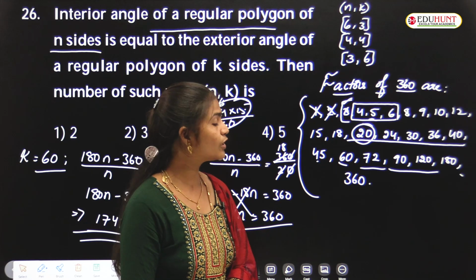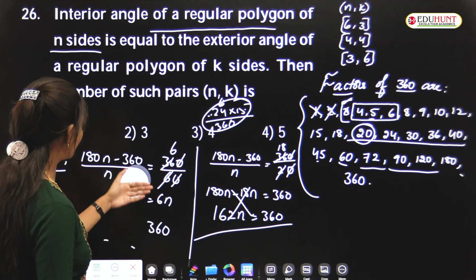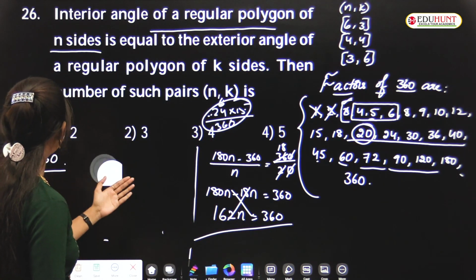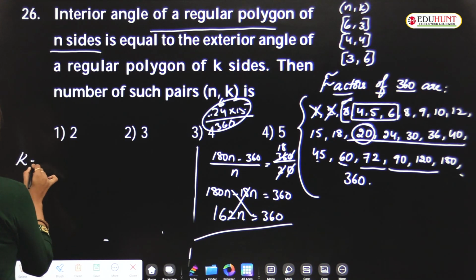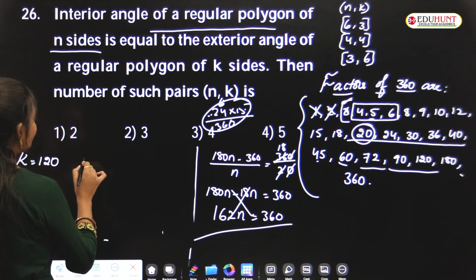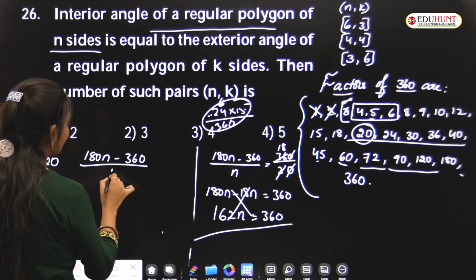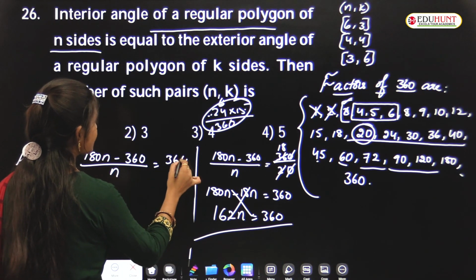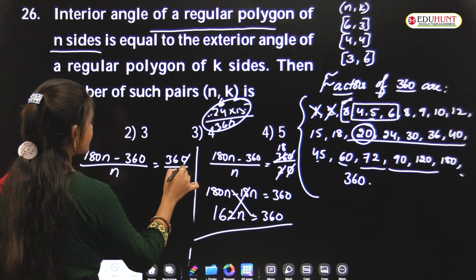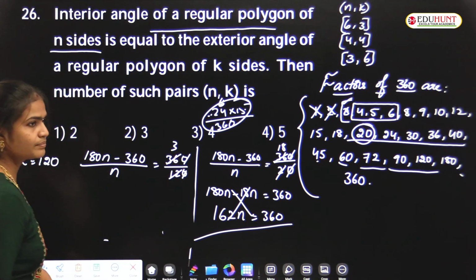So let us take 120. Here I am going to take 120. So what will happen here? K is equal to 120. Then (180n minus 360) whole by n is equal to 360 by 120. So 0 and 0 get cancelled, it is equal to 3.